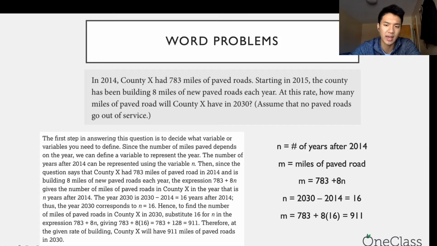For us, again, we can see here that once we got to the interpretation, once we have the equation, this is a very straightforward question, right? Imagine if this equation were given to you and they said m equals 783 plus 8n and assume n equals 16. That's something that you'll probably be able to solve very quickly and comfortably.